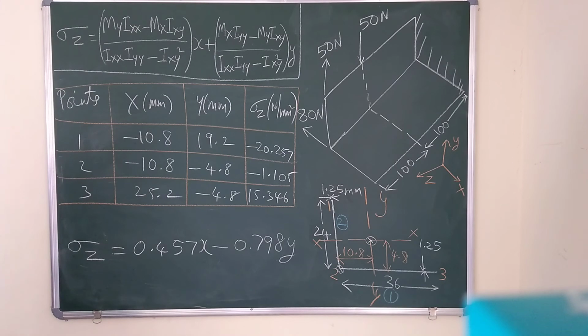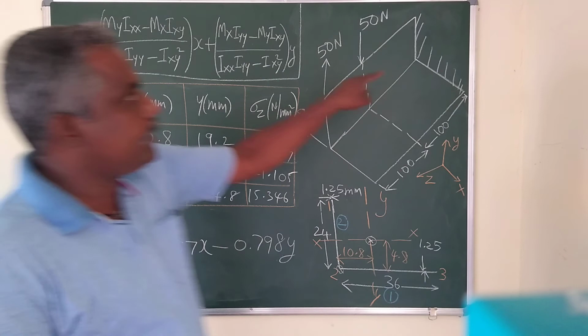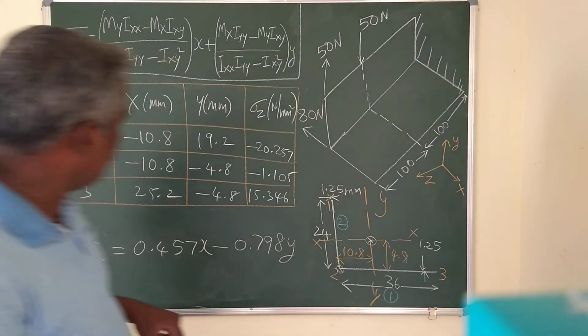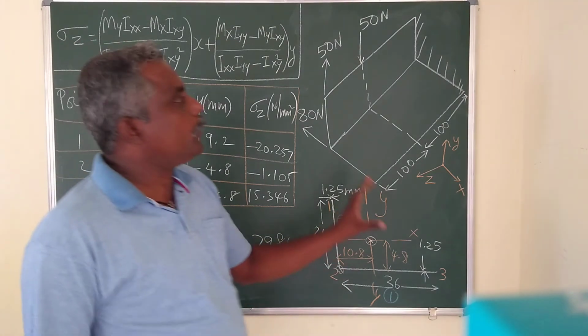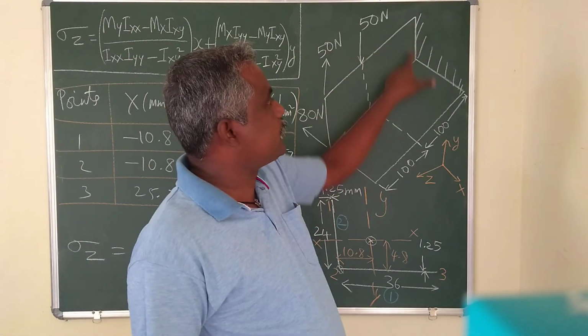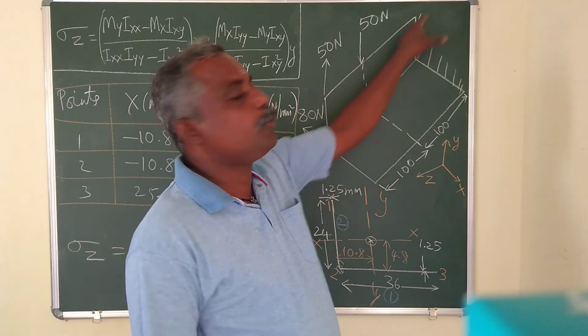So a similar type of tabular column we have to prepare now. With the same x and y coordinate, we are trying to find out the bending stress at the built-in end, at the fixed end. This expression is not valid for the built-in end because we are going to take moment with respect to the fixed support where this force will come into picture.